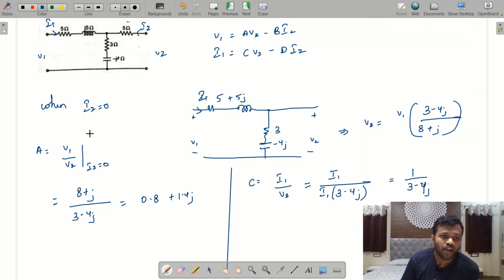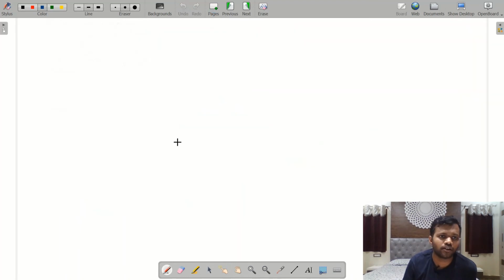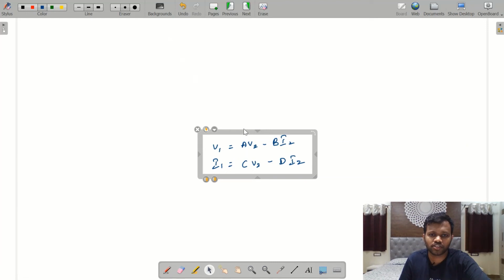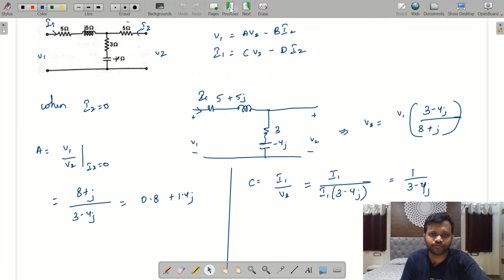So by making the second port, the output port, open, you can find out the terms A and C. Similarly, we will try to find out the remaining ones. So these are our equations.